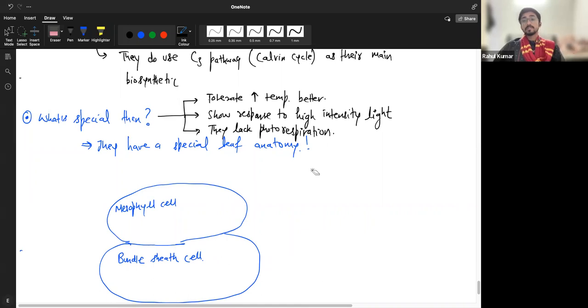What was it capturing carbon dioxide for in the Calvin pathway? First step of the Calvin pathway. You are correct, Iram. You are on the right path.